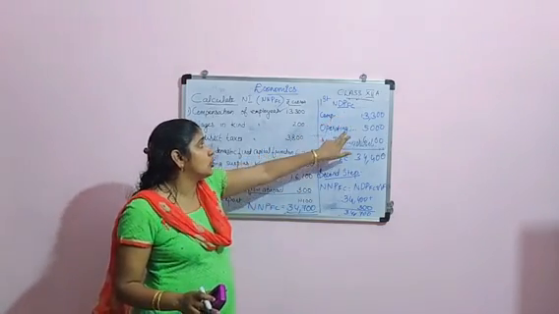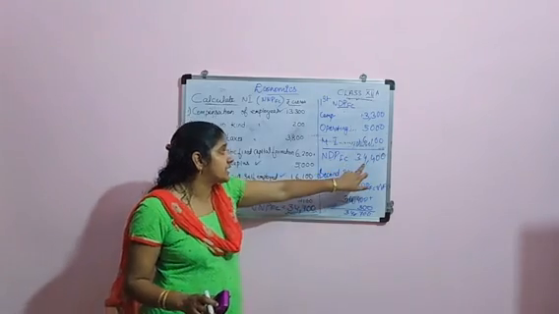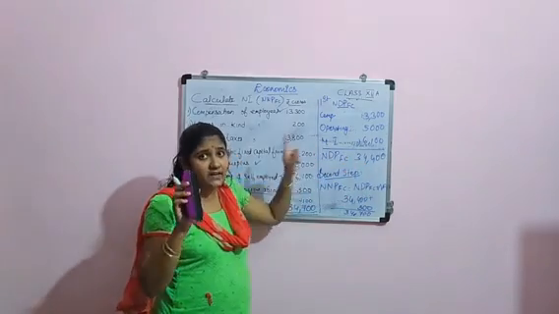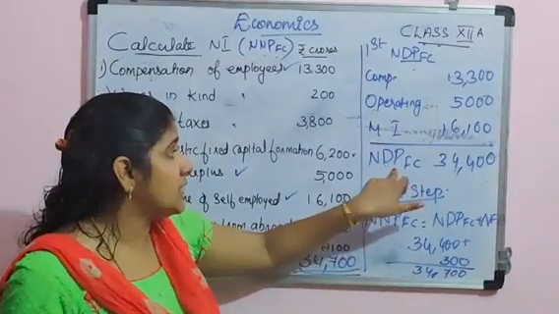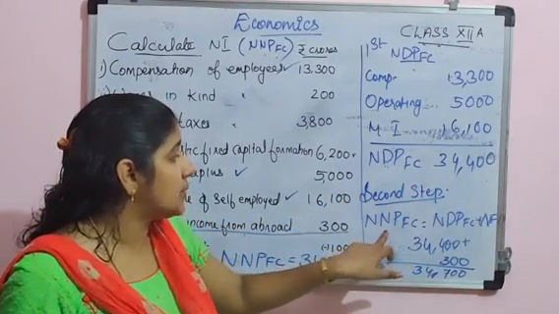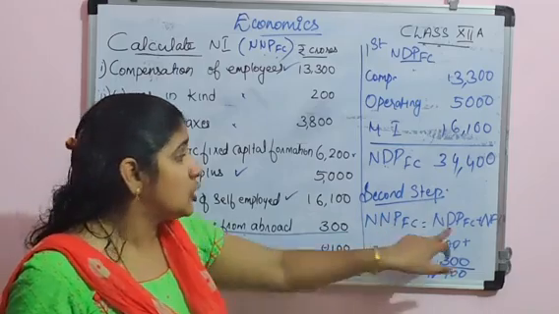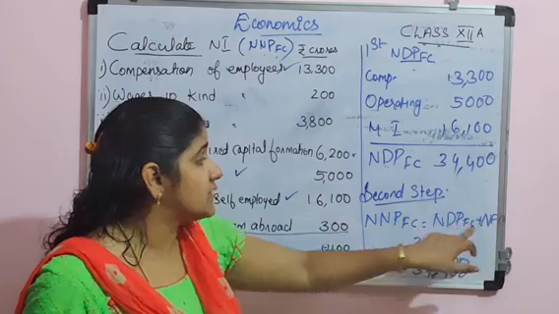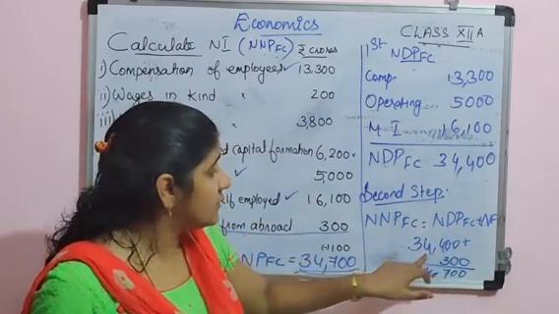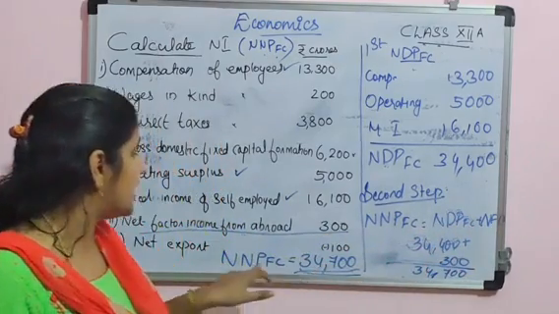By adding these three, we got NDPFC. That was the first step. Then the second step: we converted NDPFC to NNPFC. For converting domestic product into national product, we add NFIA. So when we add this, we get the NNPFC.